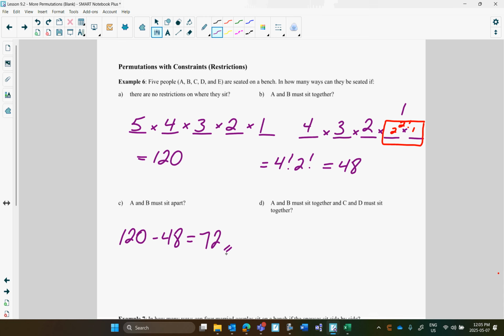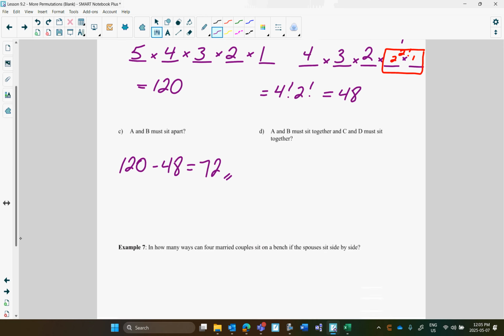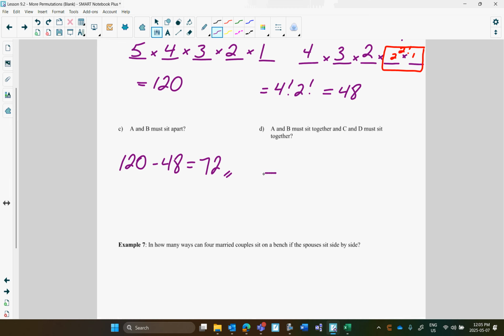Because this is when it doesn't matter if they sit beside each other or not. This is they have to sit beside each other. So the remaining must be they don't sit beside each other. A and B must sit together, so do C and D. Well, I still have 5 positions.